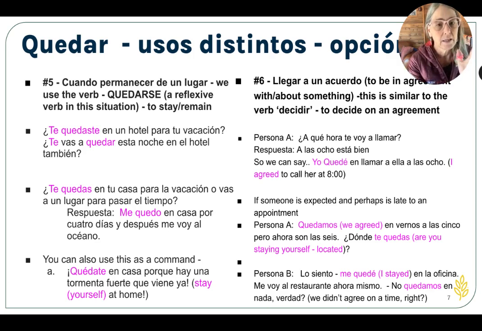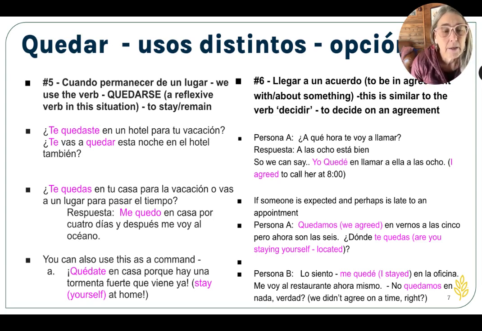6. Llegar a un acuerdo con algo o con alguien sobre una situación. So, persona A, so this is to be an agreement. So I agree with you. You can say this different ways, but quedar is one of the possible ways to do this. So you would say to persona A says, ¿A qué hora te voy a llamar?